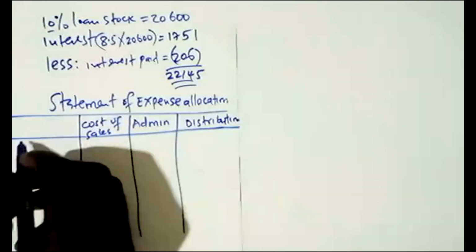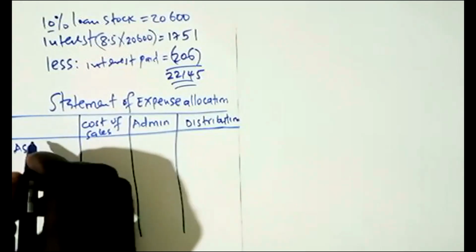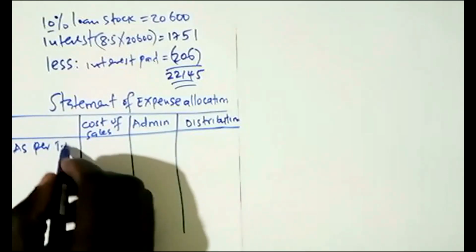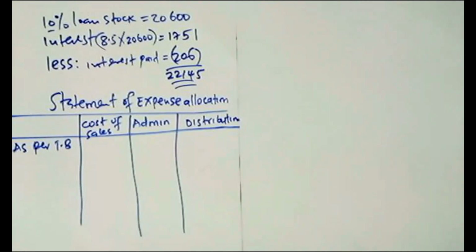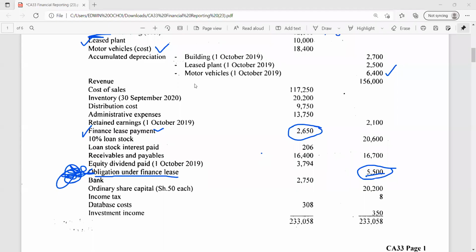First, the balances as per trial balance. The cost of sales as per the trial balance, I can see here we have 117,250.